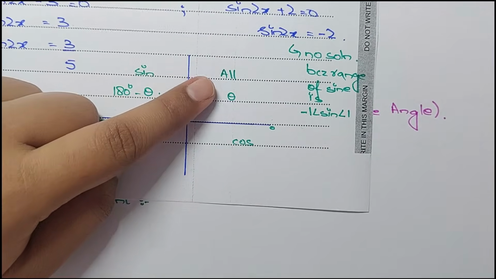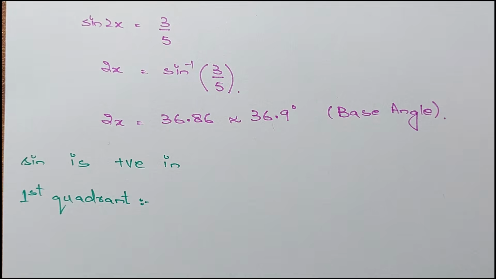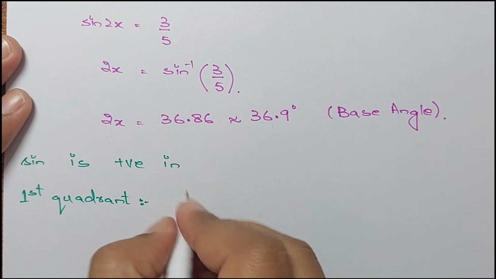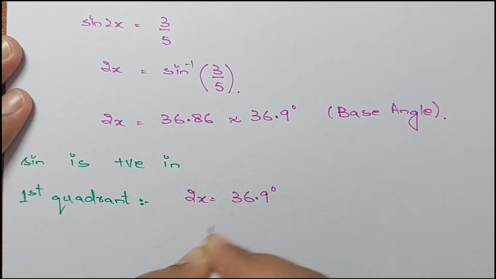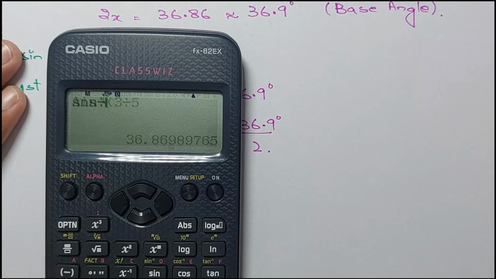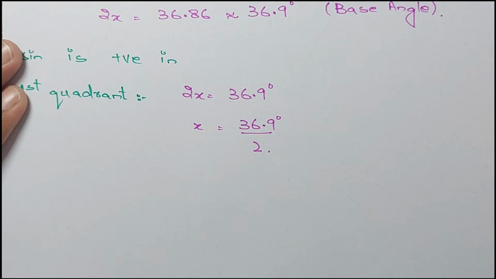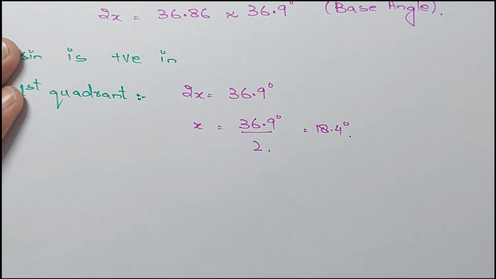So the value for the first quadrant is the base angle: 2x equals 36.9 degrees, and solving for x, 36.9 degrees divided by 2 is 18.4 degrees. This is your first quadrant solution.